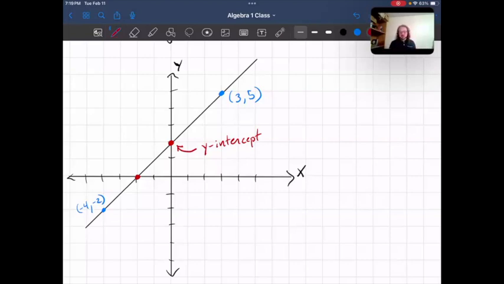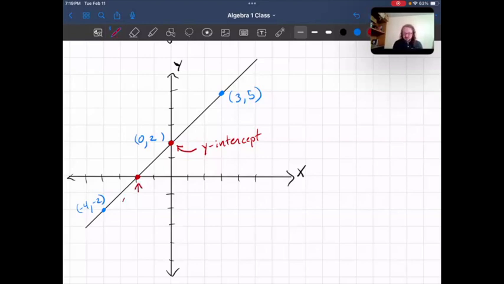This is the y-intercept. And the value of this point, well, it's not left or right. So its x value is 0. It didn't move right any, it didn't move left any. But it did go up 2. And then the other point intersects the x-axis.